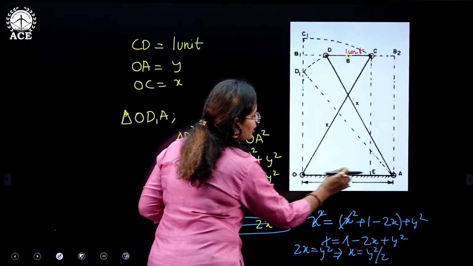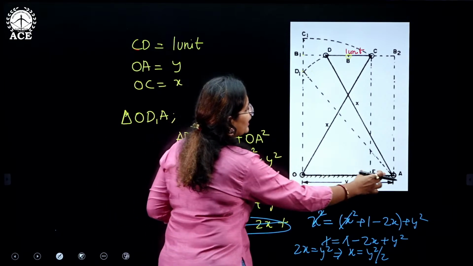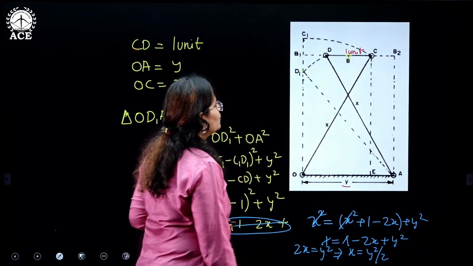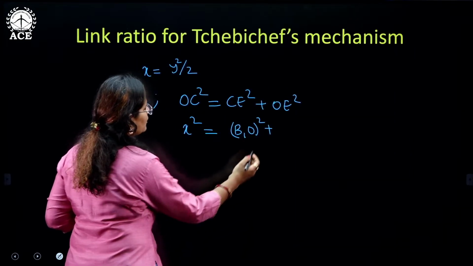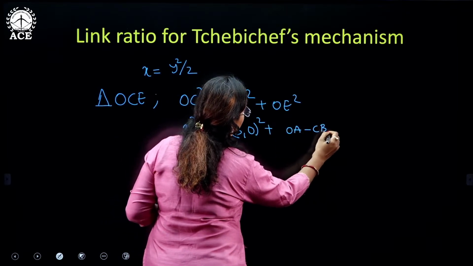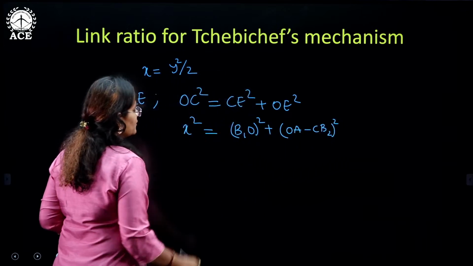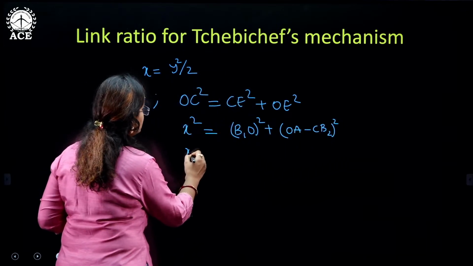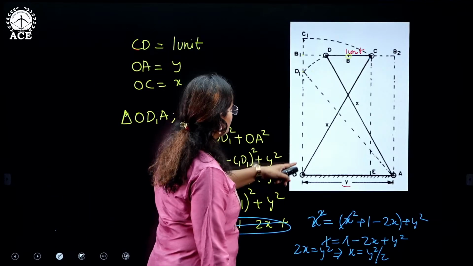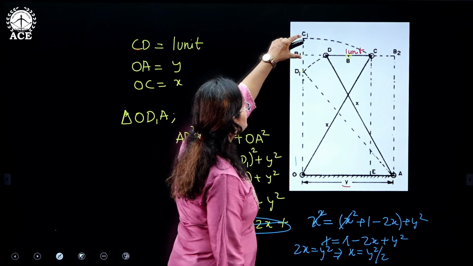OE is nothing but OA minus AE. Now OA minus AE is nothing but OA minus CB2. OA minus CB2. Okay. So when you follow all these equations, let us say B1O. So B1O is nothing but OC1 minus C1B1.